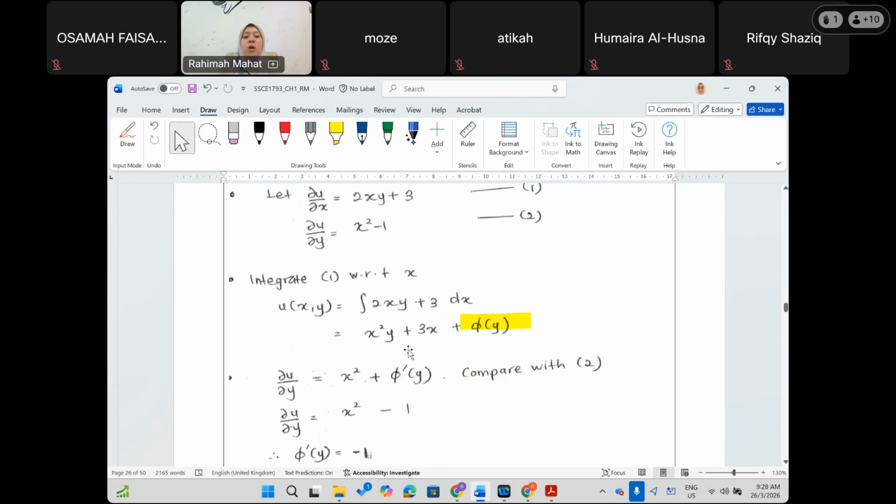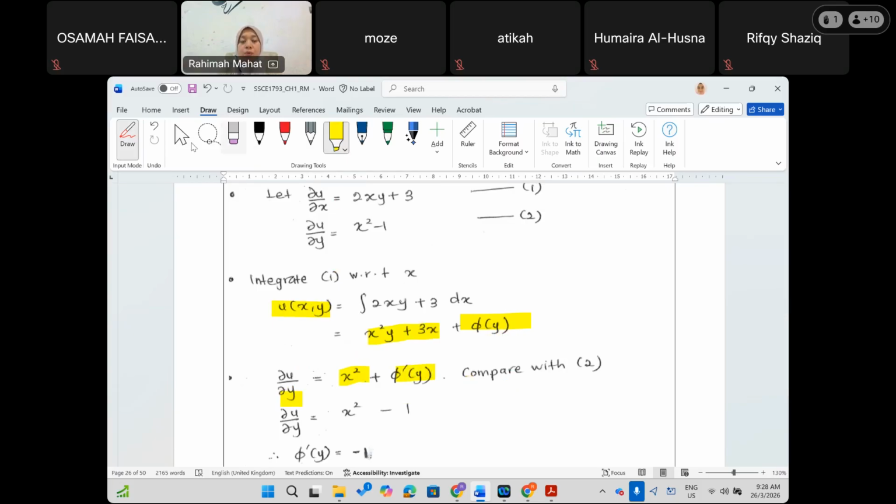Sorry, you need to differentiate. This is your u, right? You need to differentiate it with respect to y. So ∂u/∂y, you differentiate this one. We get x squared, and 3x is not in y, so that's why it is 0. And for phi of y, you get phi prime of y.